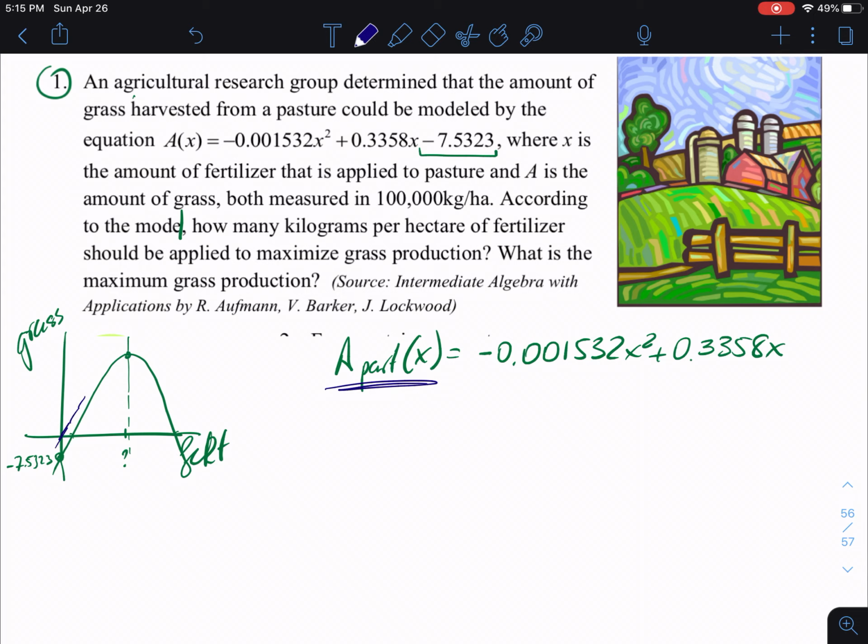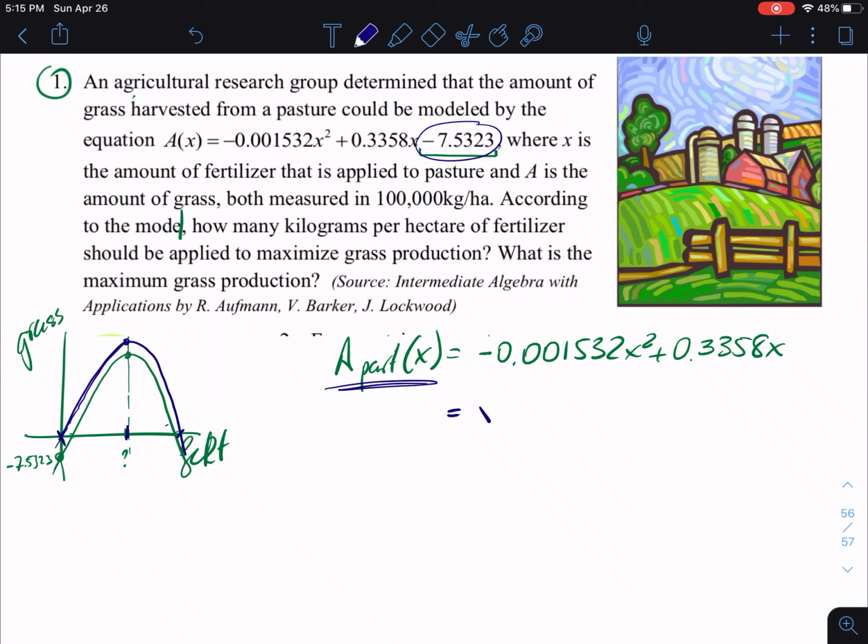This one I'm going to be shifting up, right? Because I'm getting rid of the negative 7.5323. So that'll be shifted up. But if I can figure out the values where this partial function crosses the x-axis, I know that the vertex is right in the middle.